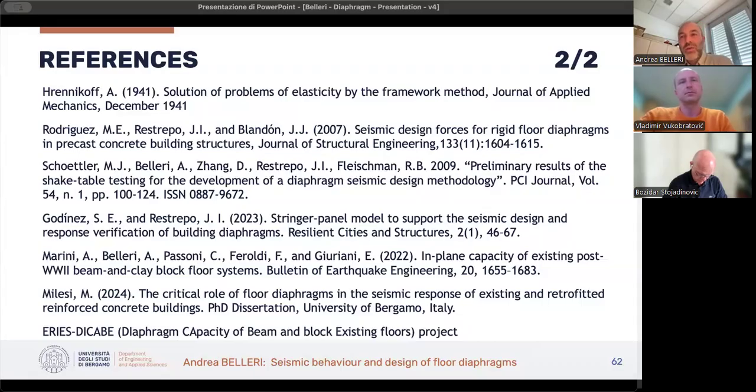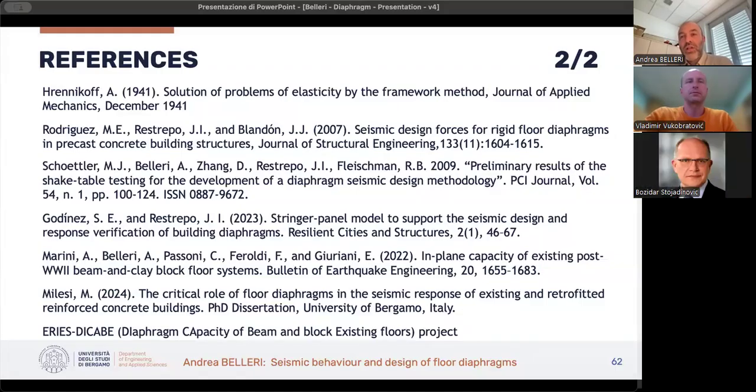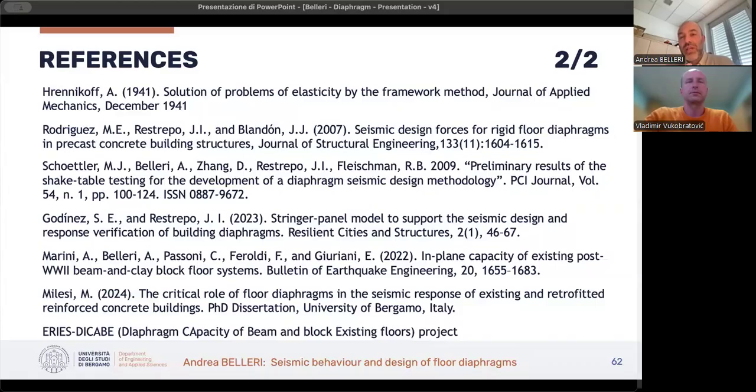In the past, we also made some tests, not myself, Professor Marini, to provide a concrete or high capacity concrete layer above the timber floor and make connections with dowel connections to the beam elements of these timber floors. But I don't know what to say in addition. I'm not an expert about it.